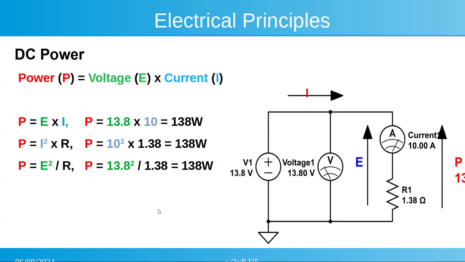What was the formula? P equals voltage times current. All right, you got 13.8 volts, you got 1.38 ohms.